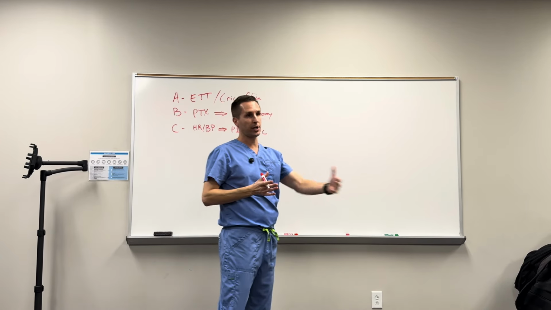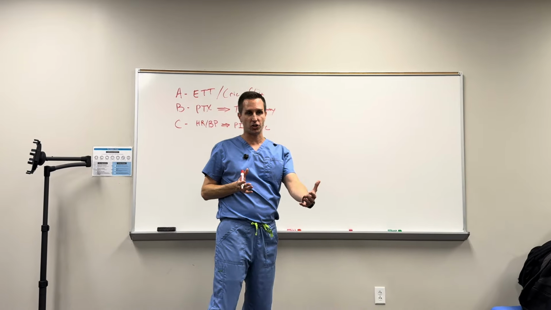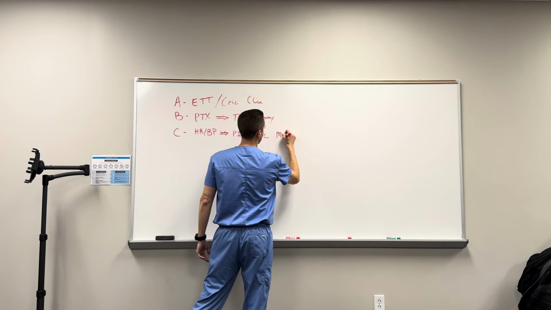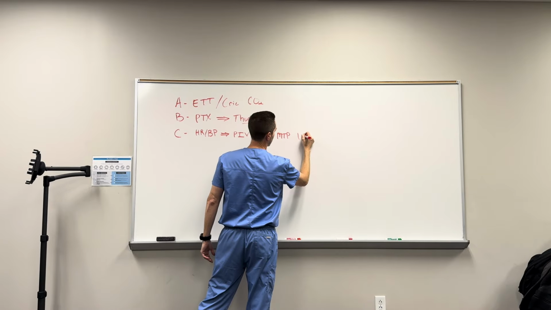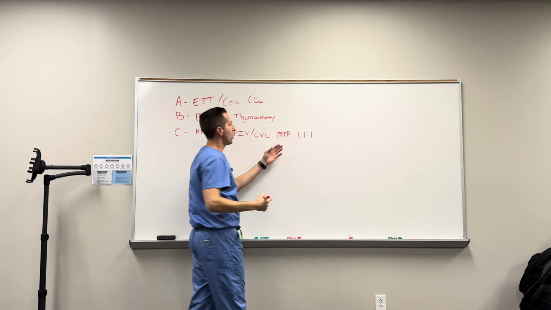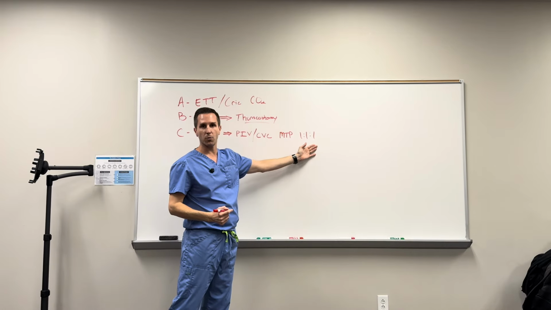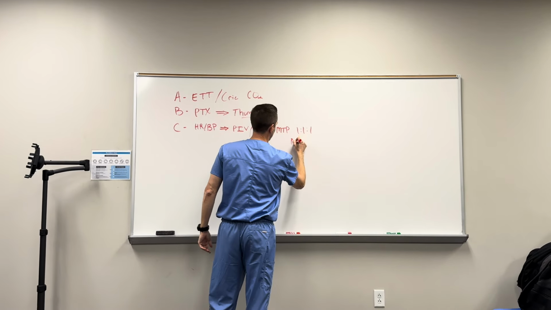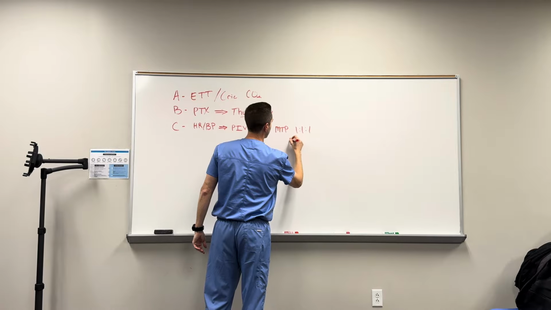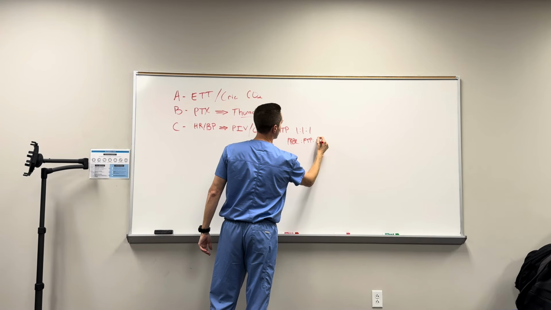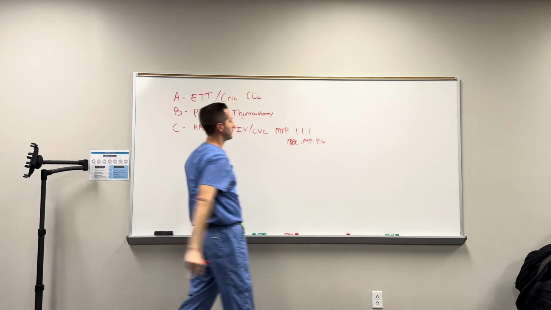If that's not working or we suspect the patient is truly bleeding, we proceed with? PRBCs, platelets, plasma. Exactly. This is a massive transfusion protocol in a 1-to-1-to-1 fashion of, like you just described, packed red blood cells, PRBCs to FFP to platelets, right?